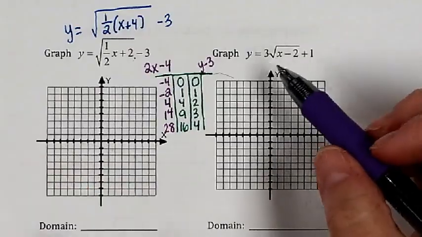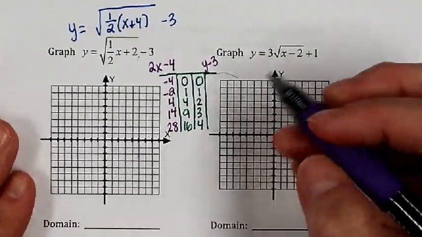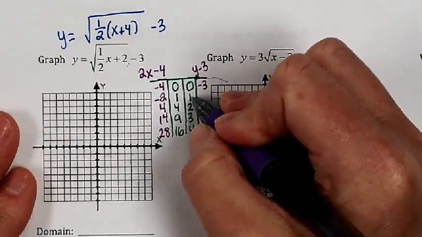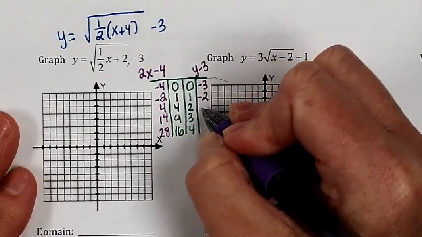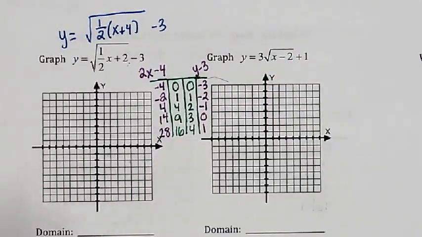Now for the y's, we're just going to take each of these and subtract 3. So 0 minus 3 is negative 3. 1 minus 3 is negative 2. Then we have negative 1, 0, and 1. And now we can graph these ordered pairs.